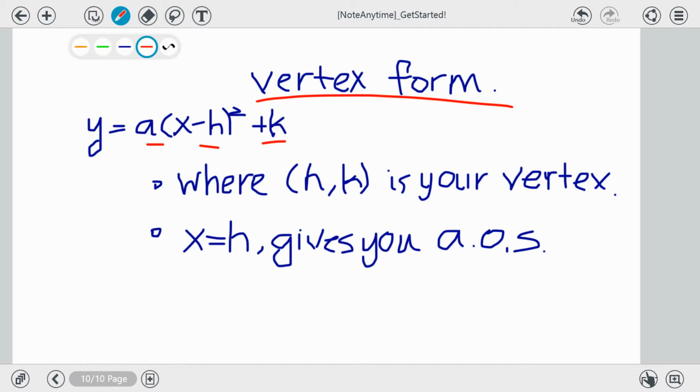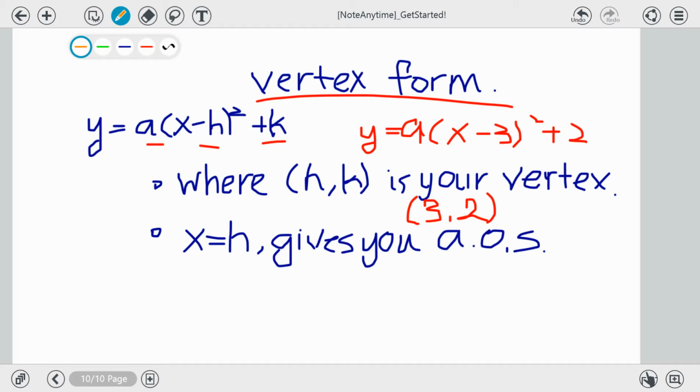So for example, if I have y equals 9(x minus 3) squared plus 2 as my function, my vertex would be 3 and 2. Now you might be wondering why it's just 3.